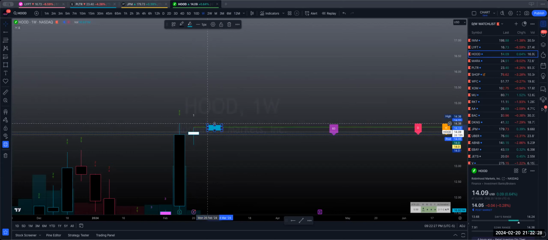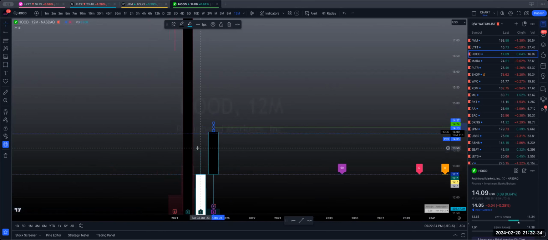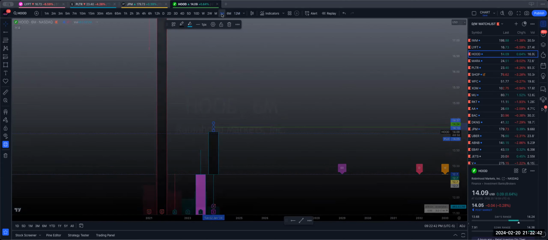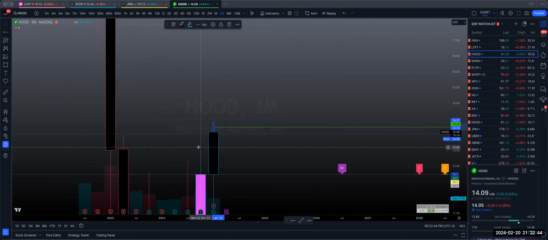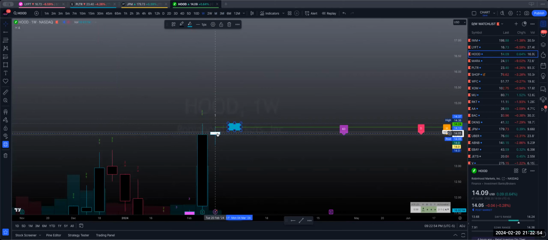So if we really looked at it, the month is in force, as you can see, it's broken over the high here. Weekly's in force, broken over the high. I mean, 6 months in force, broken over the high here. The 12-month, 6-month, 3-month, which is the quarterly, broken over the high here. It is fully in force. The month is fully in force because it has broken over the high here and it's taken out that target. Then you have the weekly, which we just built right here, will be in force.